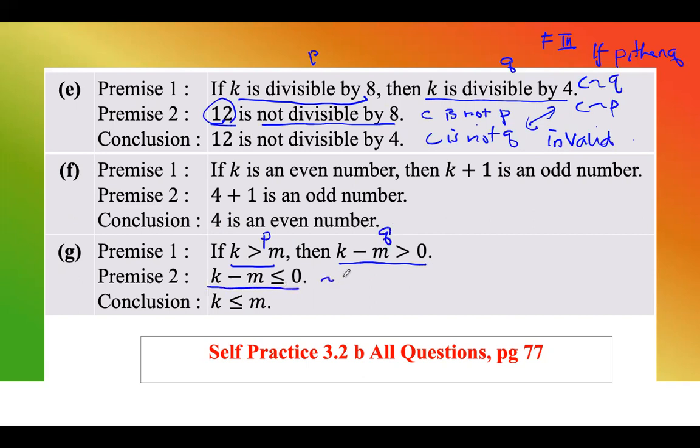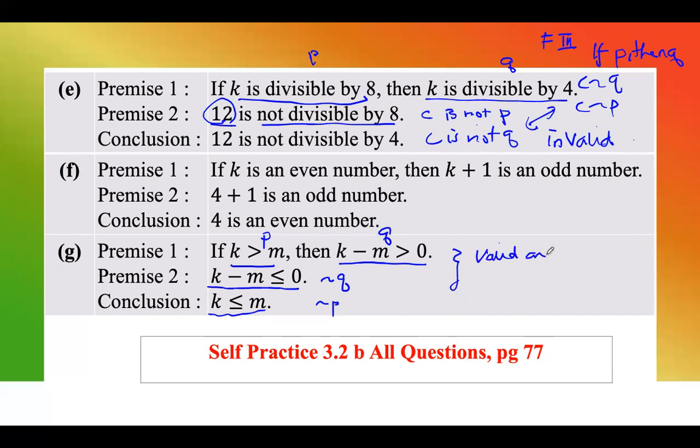So now it's the opposite of Q, right? Negation of Q. Bigger than 0, the opposite is smaller or equal to 0. Then K is smaller or equal to M. So not P is true. So this is valid. Okay.